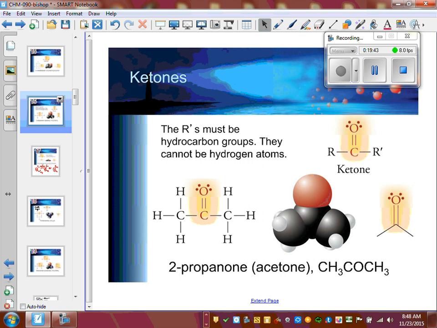This is 2-propanone, the technical name for it. We know it as acetone. That's what nail polish remover has in it, along with some other things. That's what paint remover has in it. Aggressive stuff.